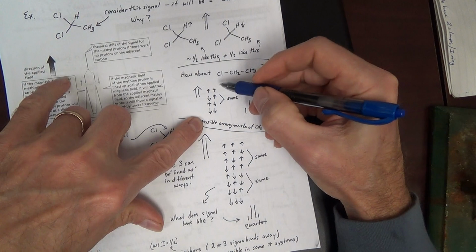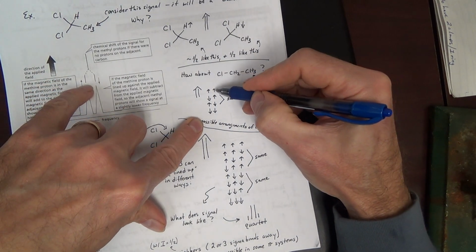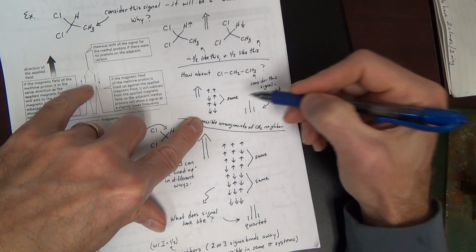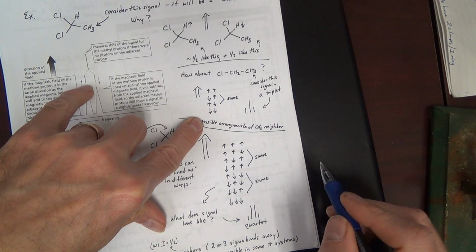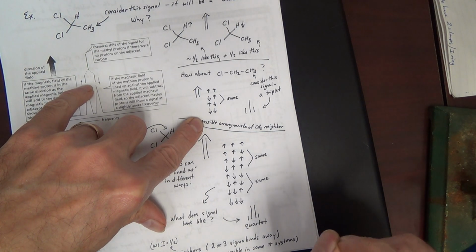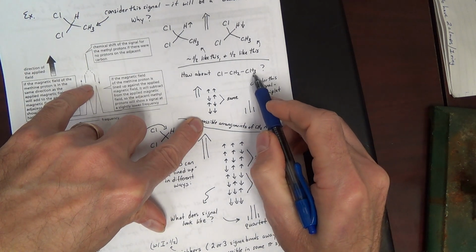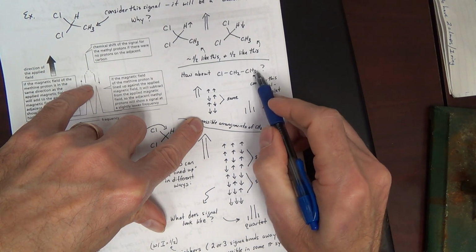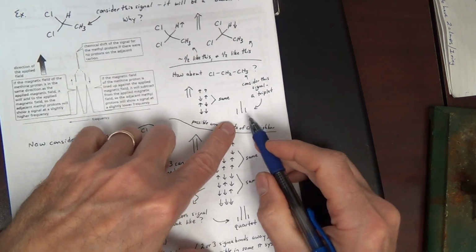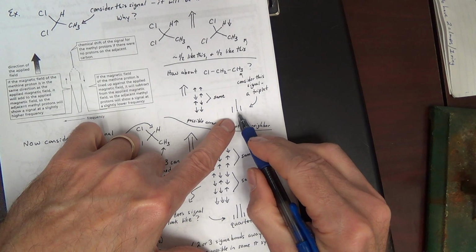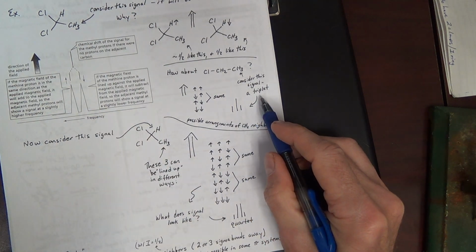Overall, we have 3 different scenarios. 1, 2, 3. This is going to lead to 3 different B effectives for these nuclei, and that leads to 3 different lines. And we call it a triplet.